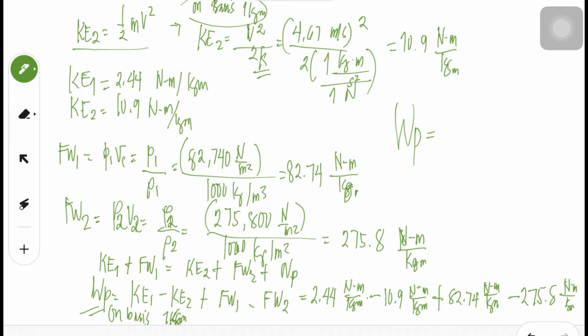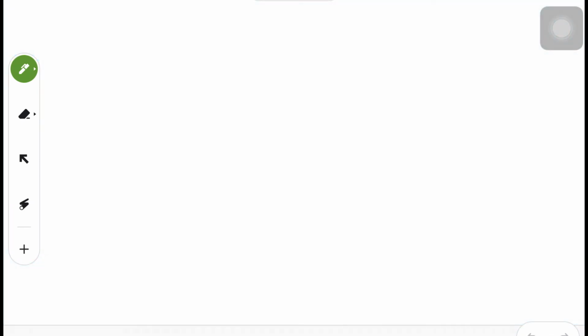So this is negative 201.52 Newton meter per kilogram mass. So the work of the pump is negative 201.52 Newton meter per kilogram mass, sa kanina on the basis of 1 kilogram mass.